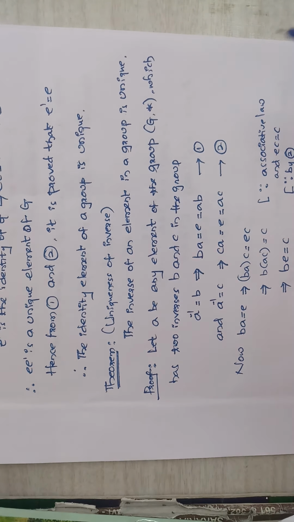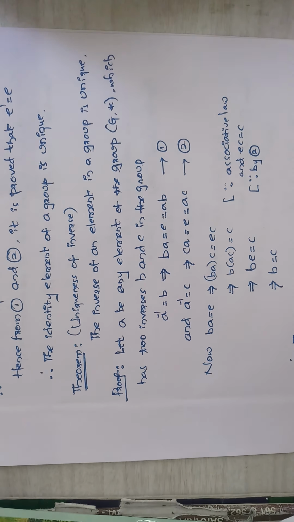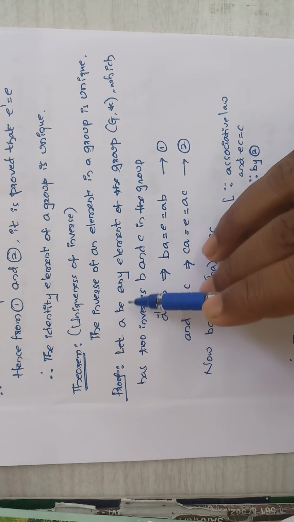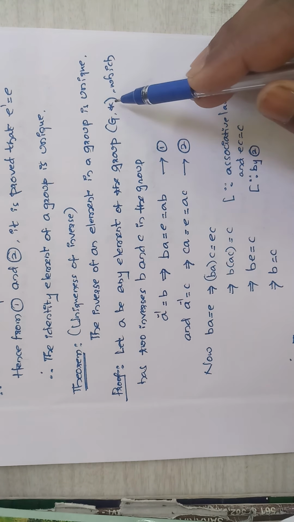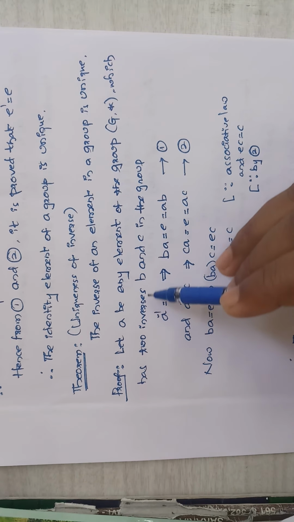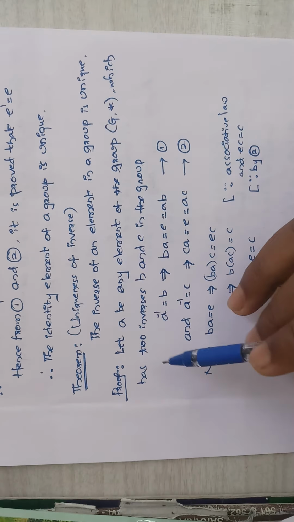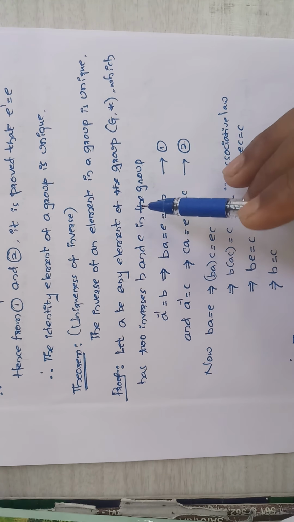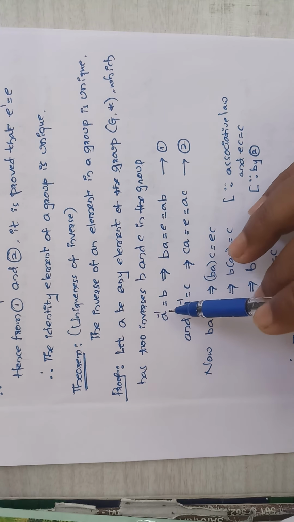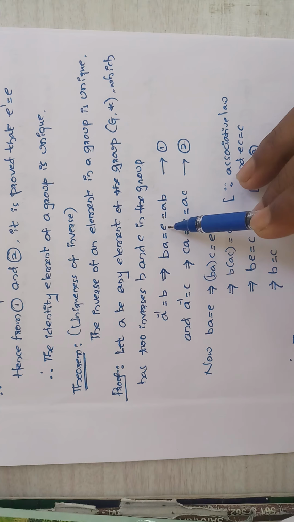For this proof, let A be any element of a group G star which has two inverses, B and C, in the group.